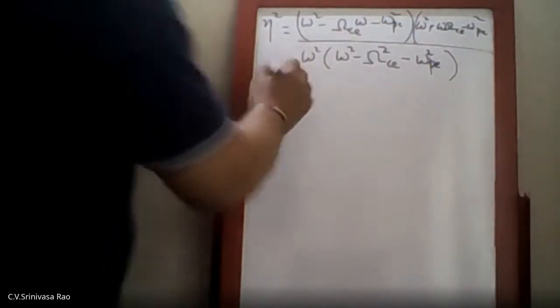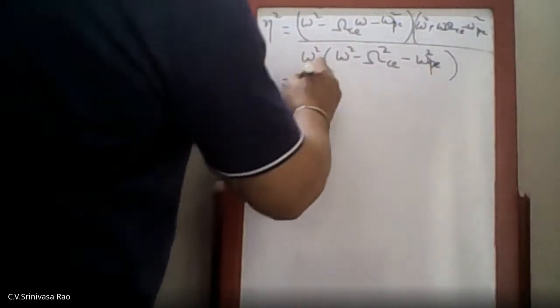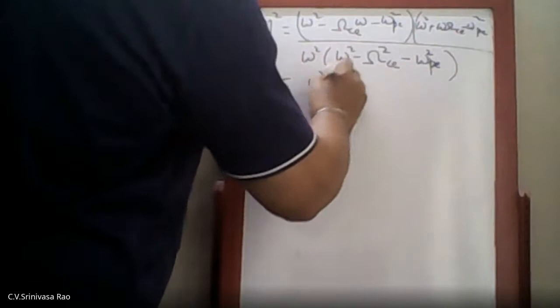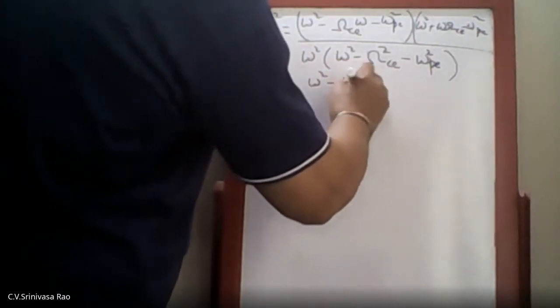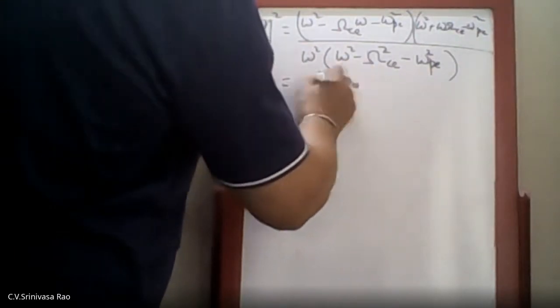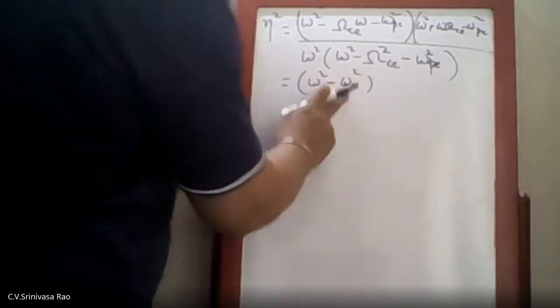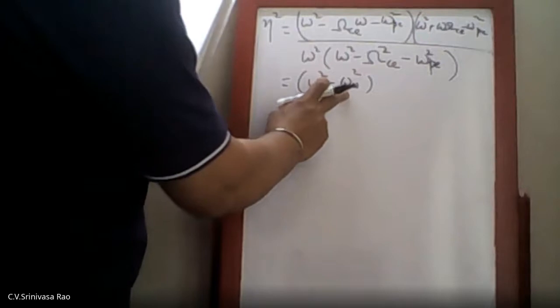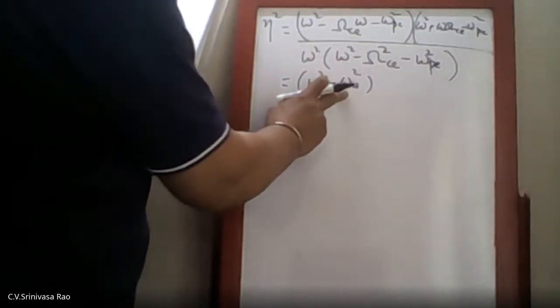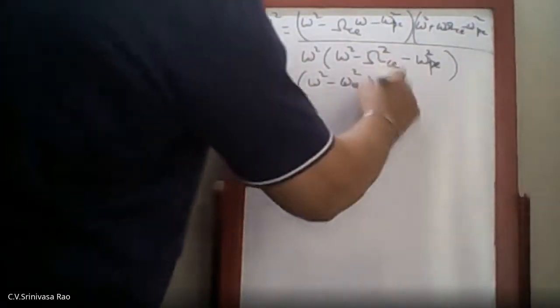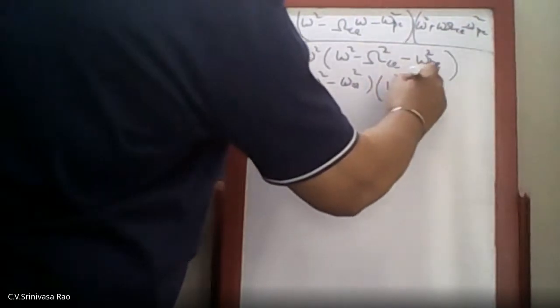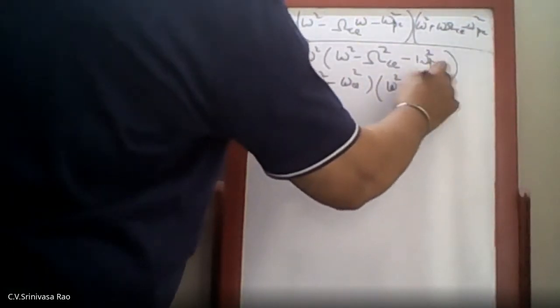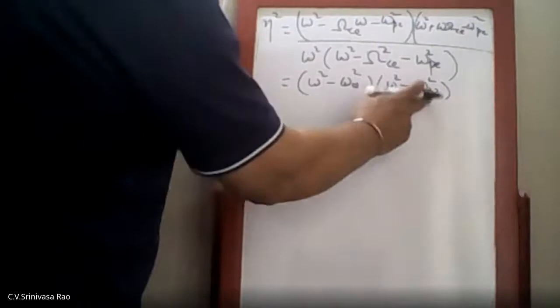Actually, you can write it in a compact form, which is omega square minus this, which is the frequency that we got last time for the cutoff for the LCP wave. And this was the cutoff for the RCP wave.